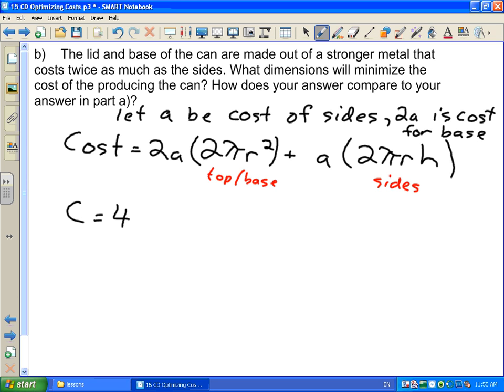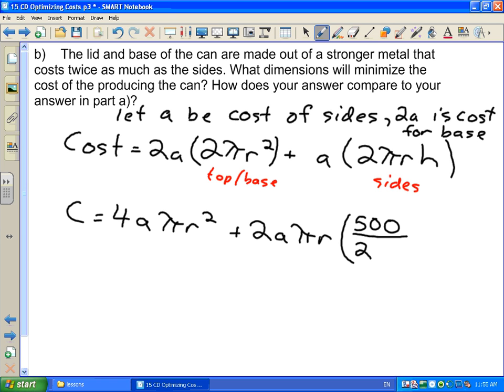Let's expand it out. We get 4a pi r squared plus 2a pi r h. And let's sub in our expression for h, same as we did before, 500 over pi r squared.